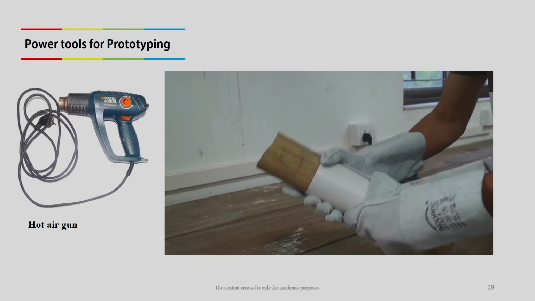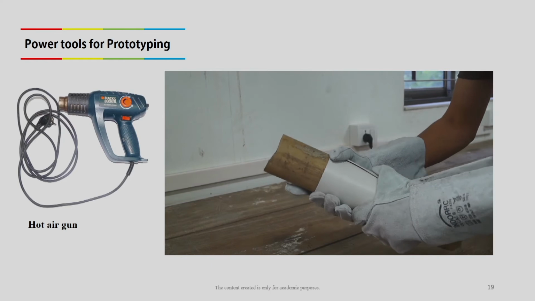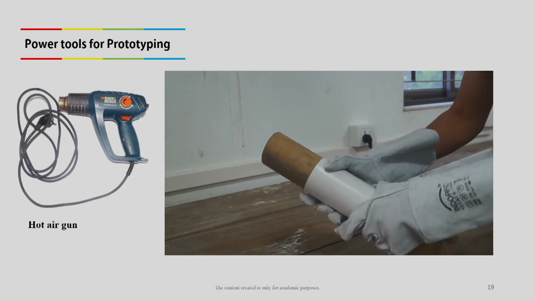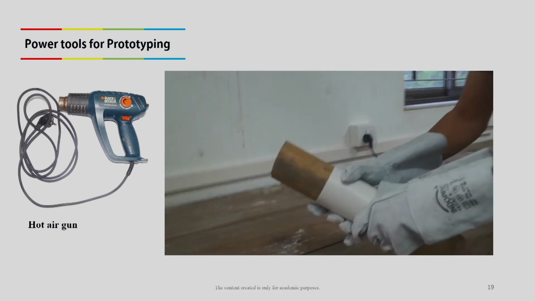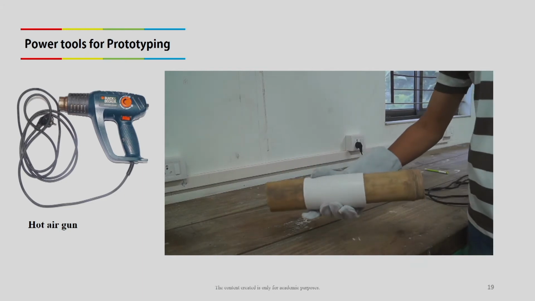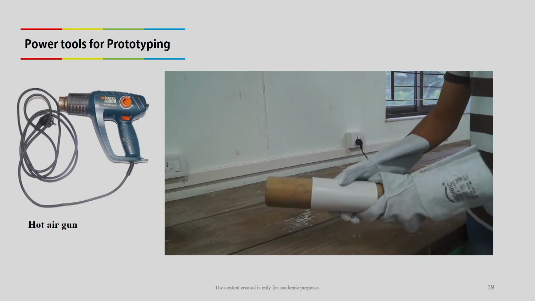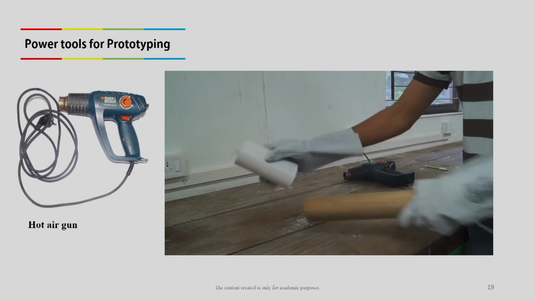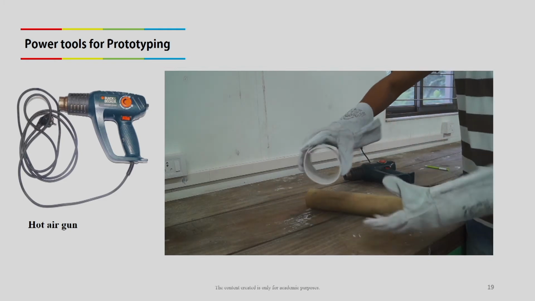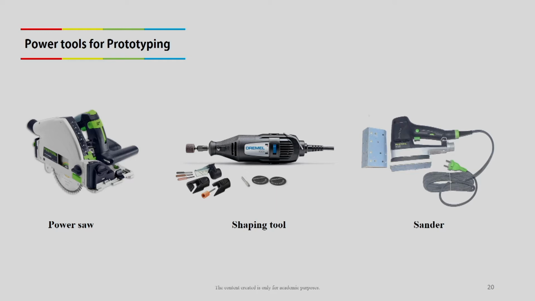So, after cooling, the plastic takes the shape of the mold. There are other handheld power tools like power saw, shaping tools, sander.